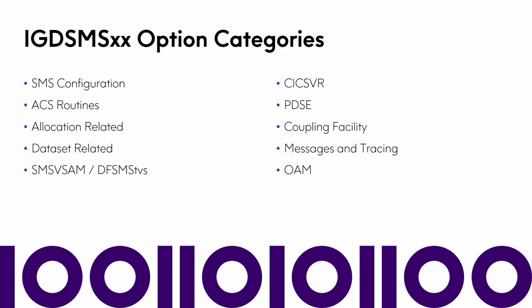But I want to talk a little bit about the more important ones, those that affect the SMS configuration itself, those that are related to the ACS routines or allocation or data sets, and then there's a bunch of others that are related to components of allocation and z/OS, such as SMS VSAM, VSAM record level sharing, CICS and the coupling facility, and so on. So let's talk about these categories of options in IGDSMS00.